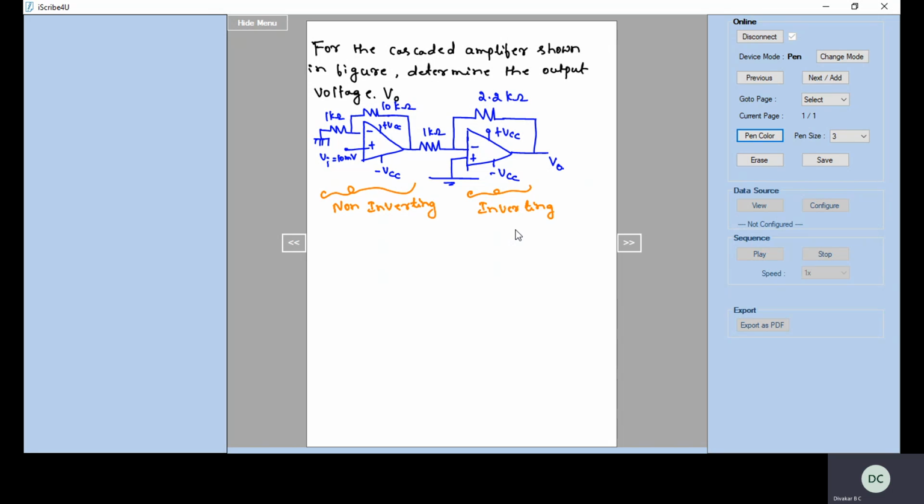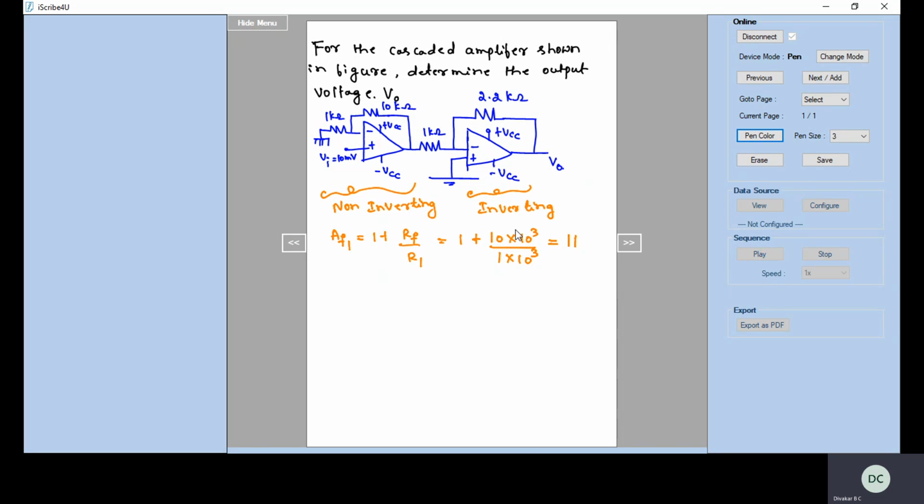First, the gain of the first stage, the non-inverting amplifier, is given by AF1 = 1 + RF/R1. That is 1 + 10K divided by R1, which is 1 × 10^3, which is equal to 11.